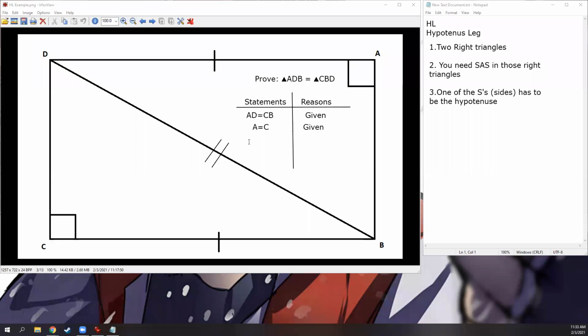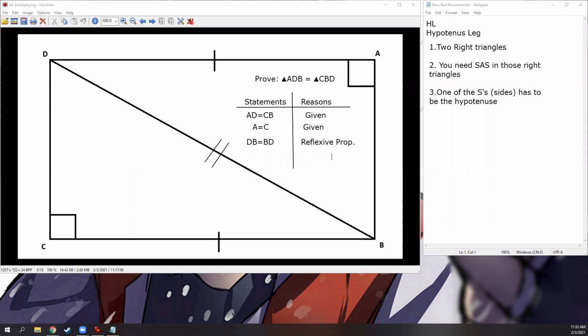But we can put that now. We can say that DB, because that's what is in our first triangle, right? ADB, yeah, is equal to BD, which is in our second triangle. Now that is not given to us. We figured that out with the reflexive property.